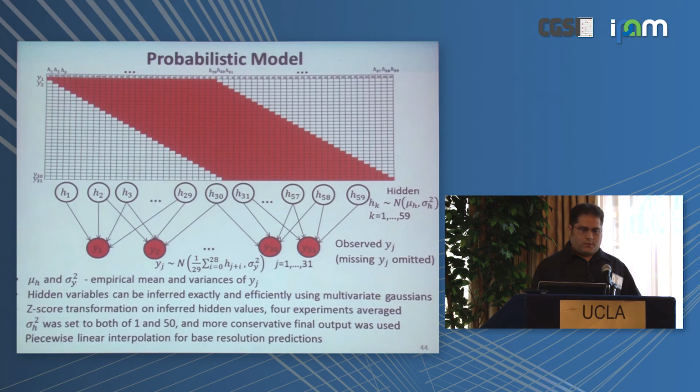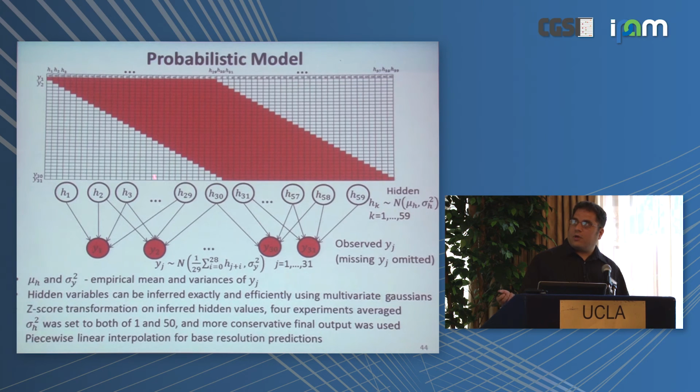So how do we go about actually doing that inference that I showed you, going from that tile data to this high resolution prediction of where the activating or repressive sites are? We have this probabilistic model where we have a variable for each reporter tile corresponding to its regulatory activity.